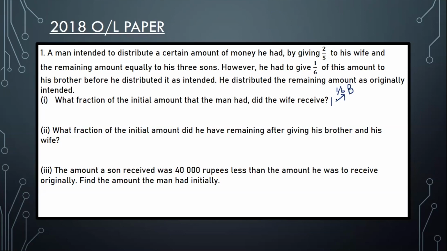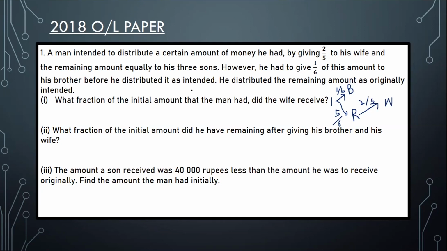From the remainder, so some amount is remaining, right? So if 1/6 is given to brother, so remainder is going to be 5/6. 1 minus 1/6. So that is going to be 5/6. So from the 5/6 amount, that is the remainder, I'll write it as R, he is giving 2/5 to his wife, right?